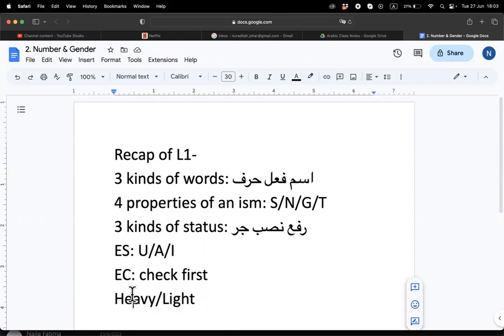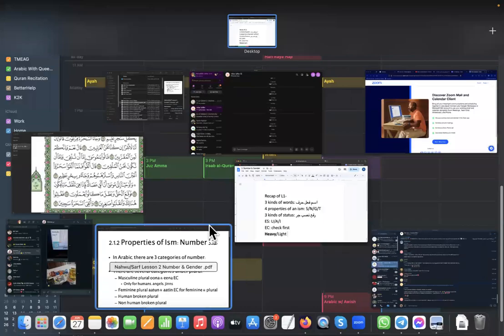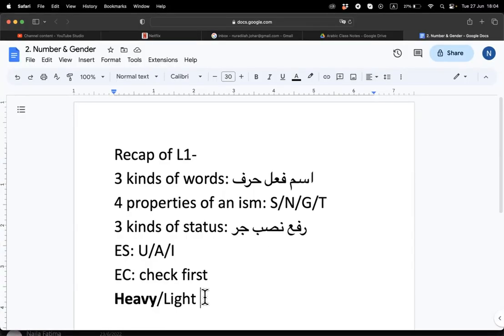What's the one reason we learned about light? The first reason we learned is after absolute no. For example, la ilaha illah, right? Ilaha is light, an ism after the la, so absolute no.